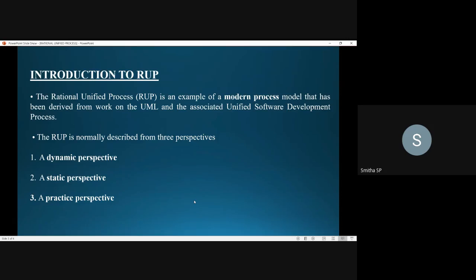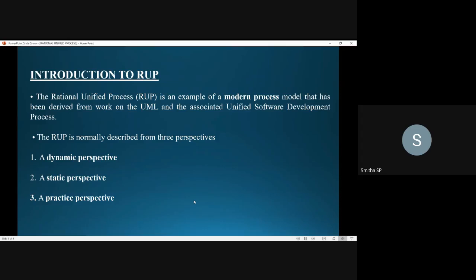Rational Unified Process is one of the modern process models derived from the work on UML, that is Unified Modeling Language, and the associated software development process. We describe Rational Unified Process generally from three perspectives, that is a dynamic perspective, a static perspective, and a practice perspective.